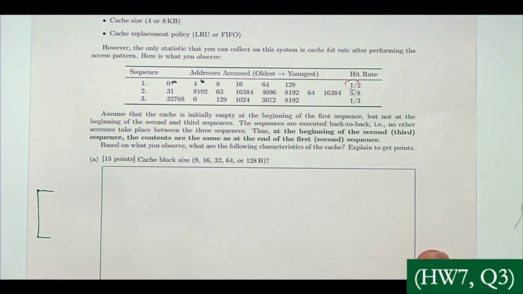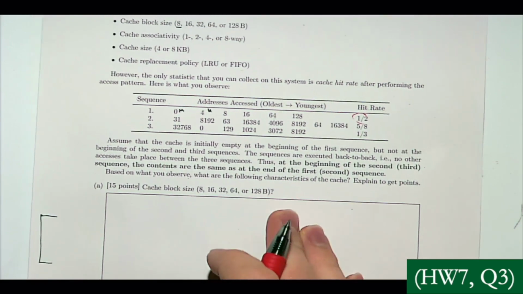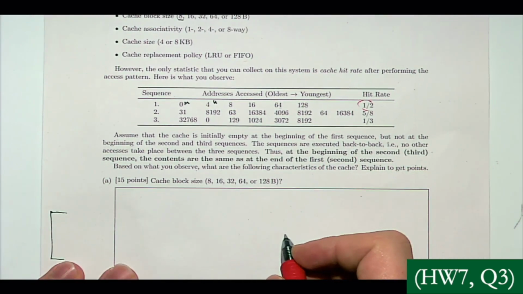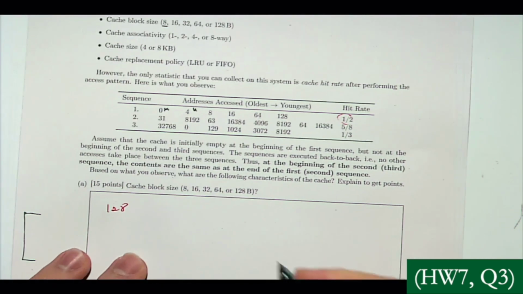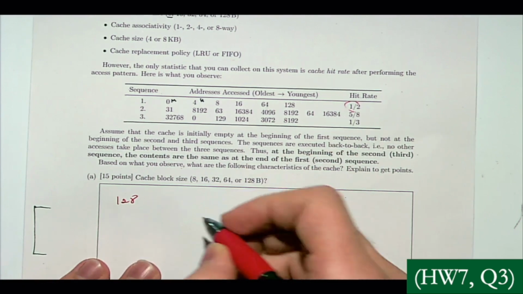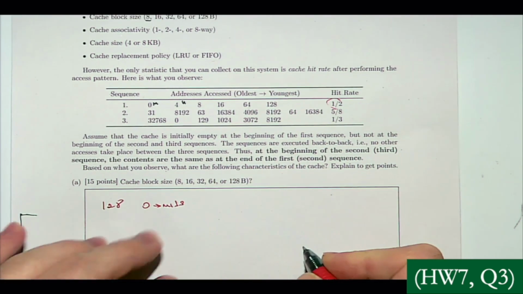And for the first question, basically, we need to figure out the cache block size. For this one, we can try brute force and try each of the options here. So let's first assume that we have a block size of 128. If that was the case, then for the first sequence, 0 will always be a miss, so this is our first miss.